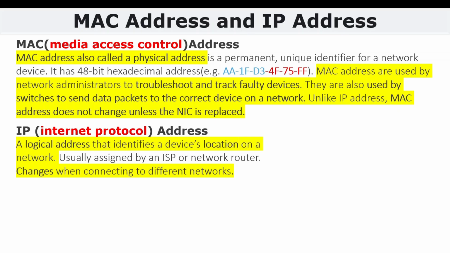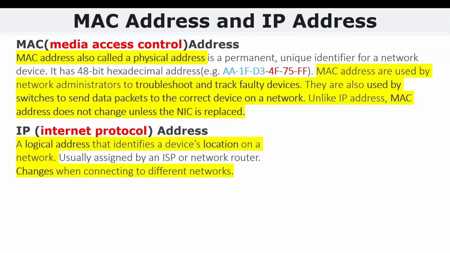The IP address, which in full is the internet protocol address, is a logical address that identifies a device's location on a network. For example, if you're using your computer from a cafe, the IP address you have will be different if you move to your home, right?